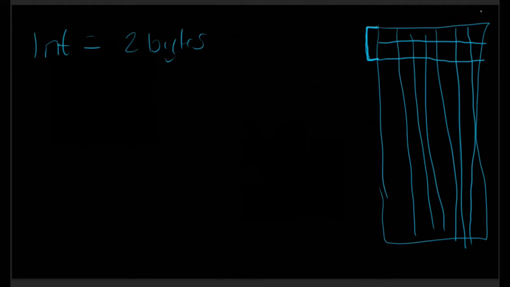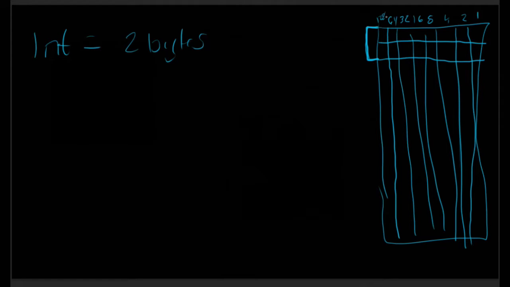Now, if you remember, we were looking at this, and this is 1, 2, 4, 8, 16, 32, 64, and then 128. Right? 1, 2, 3, 4, 5, 6, 7, 8.